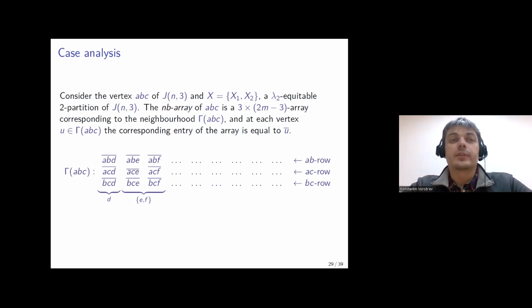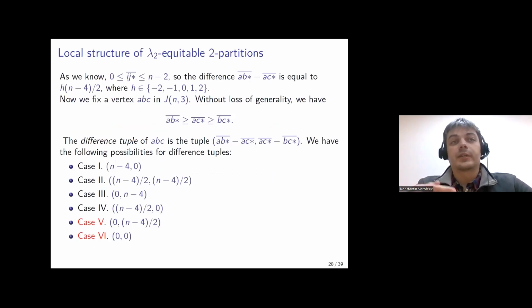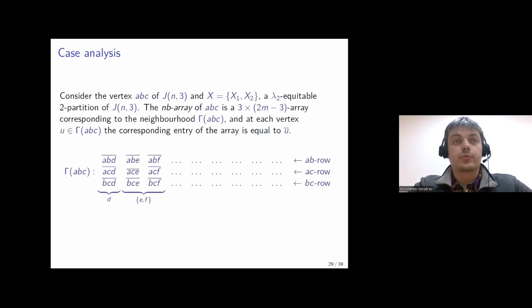So it means that we have a 3 by (n minus 3) array, which consists of zeros and ones. The idea of the case analysis is to take some case, for example case 2, find all possible NB arrays that can exist in this case, and just check all the cases.